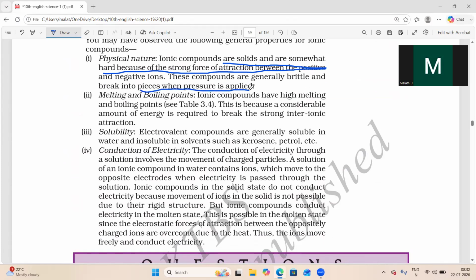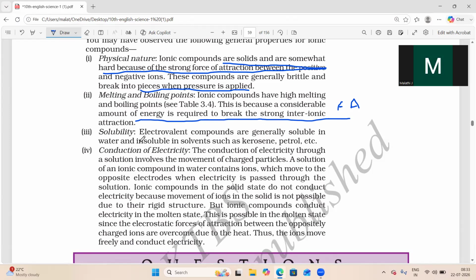We cannot break them easily. They have high melting and boiling points because the inter-ionic force of attraction is strong, since oppositely charged particles are present.